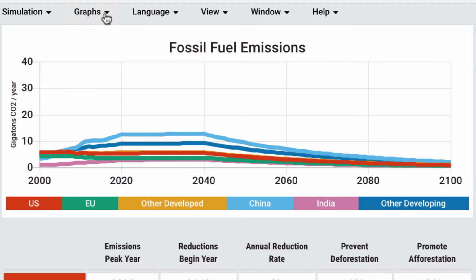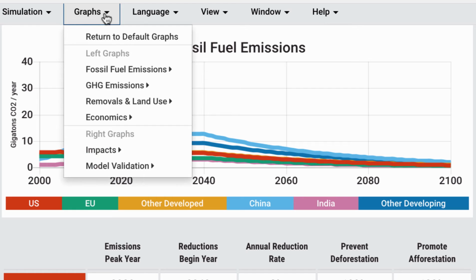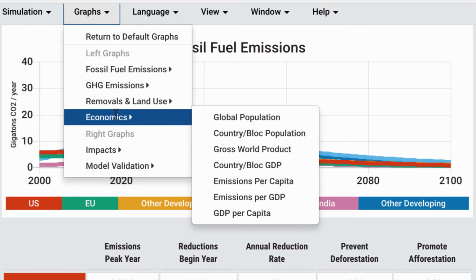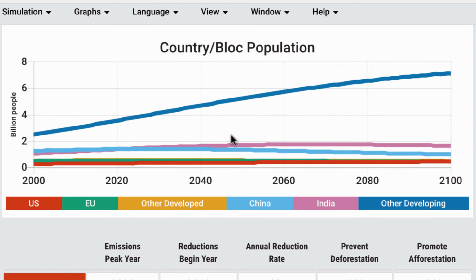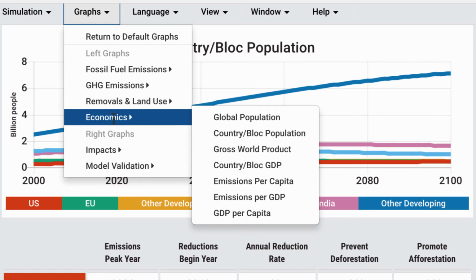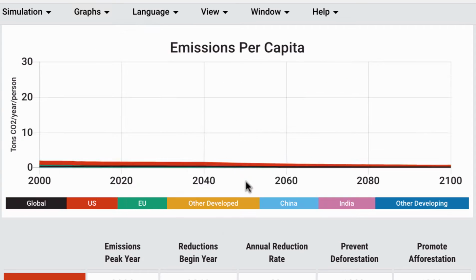But if I go to graphs here, I can get different views. And so I might say, well, look, China and other developing countries have the largest populations by far. Let's have a look at that. Other developing countries is this huge group. Of course they're emitting the most. They have the most people. Let's look at emissions per person. I go to economics again, emissions per capita.